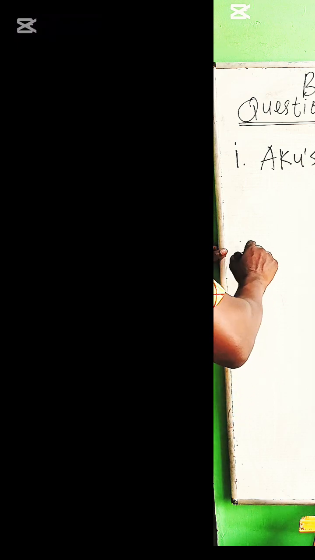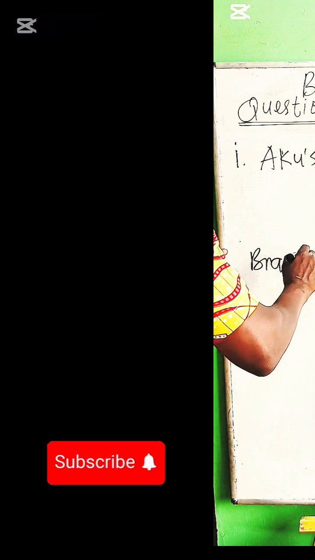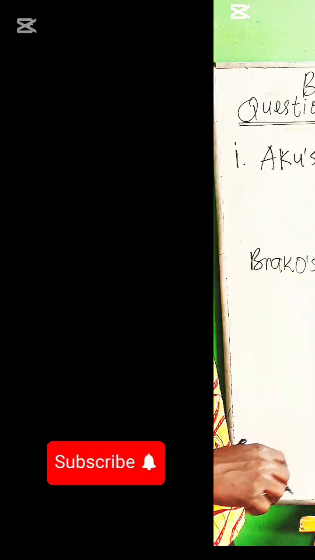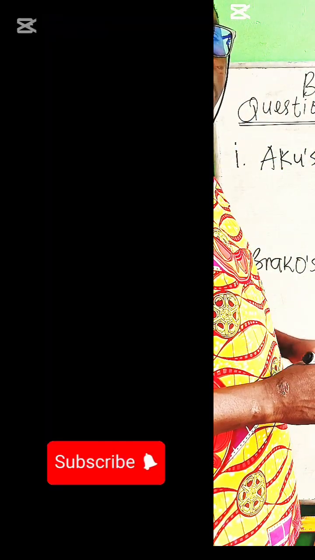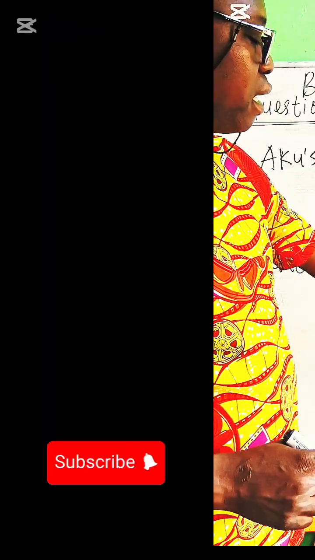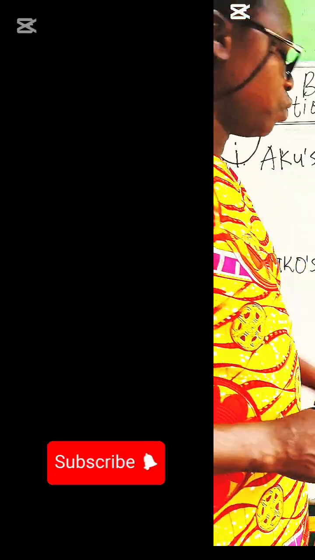Let's go to Braco's yearly income. Braco's yearly income, I will have 6,500 times 12. I will do what I did before: rewrite this 12 as 10 plus 2.